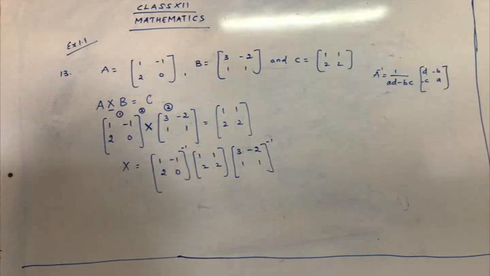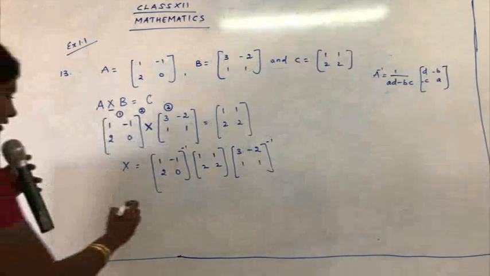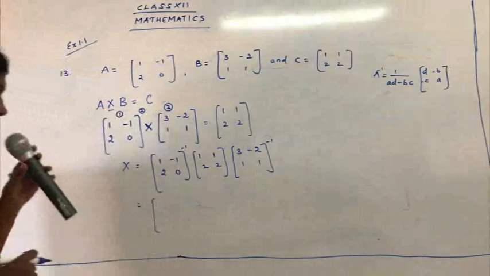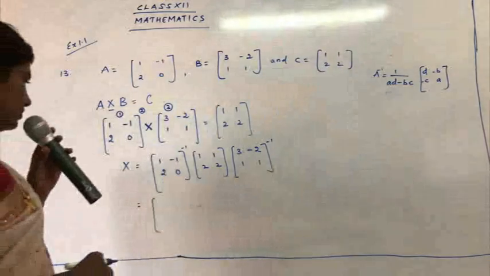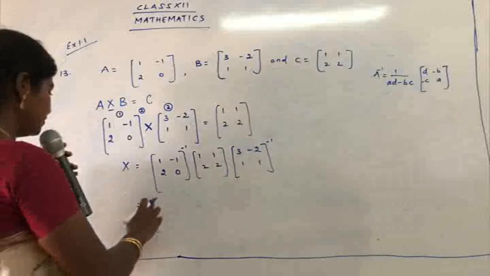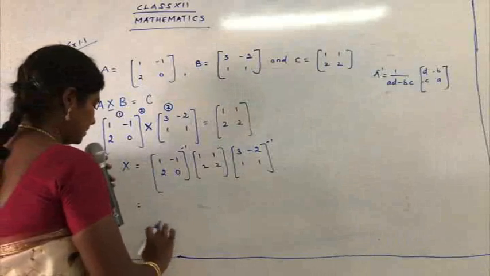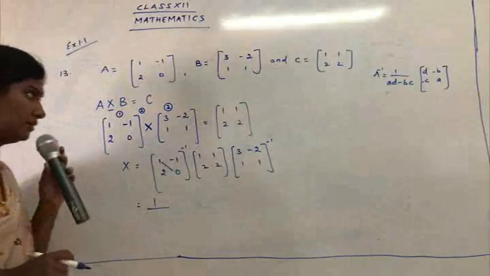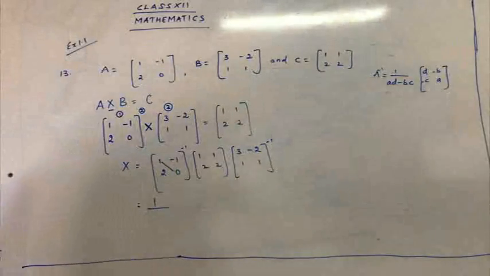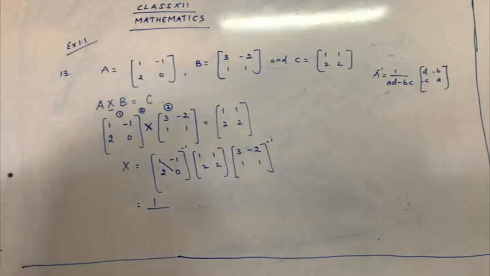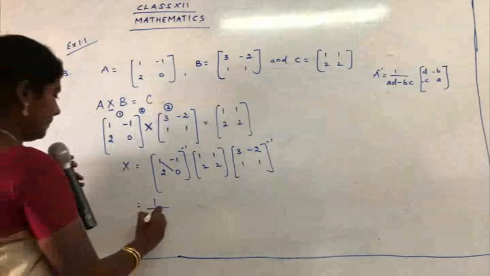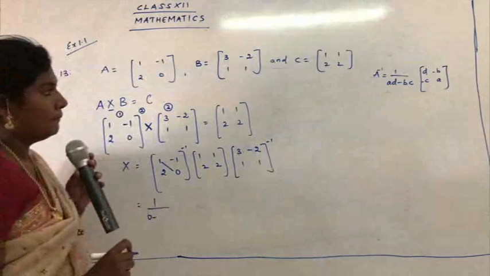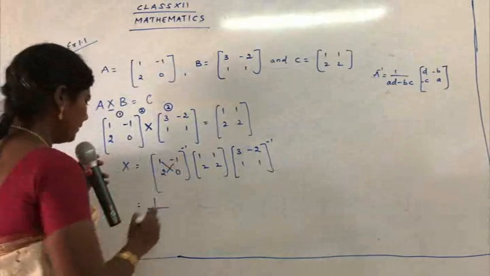Let's find the inverse for both the matrices and let's see what is the answer that we get for it. So it's 1 upon AD minus BC, children. So we'll write the answer part over here. So it's 1 upon AD. What is AD? 1 into 0. What is 1 into 0? 0. Minus B into C. It's 2 into minus 1.